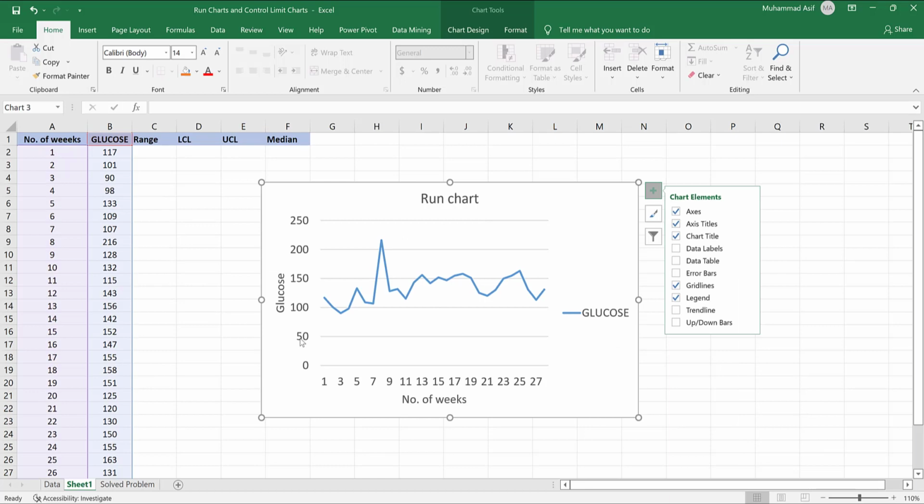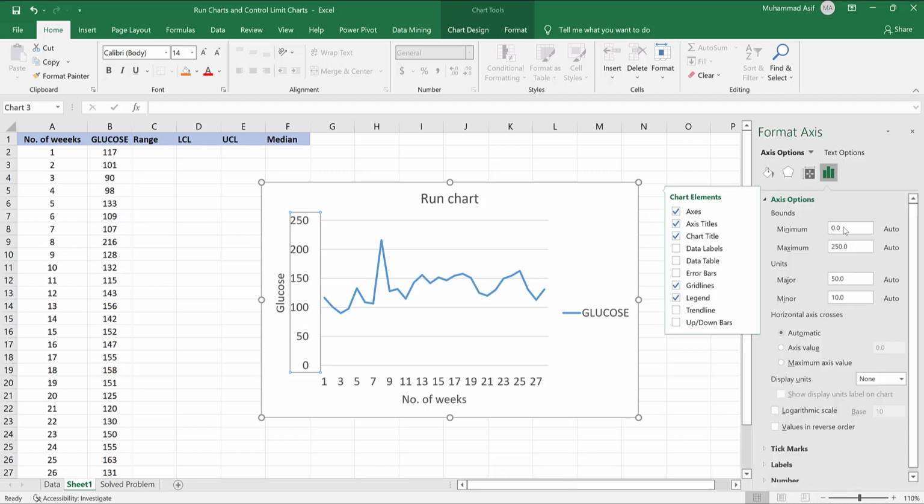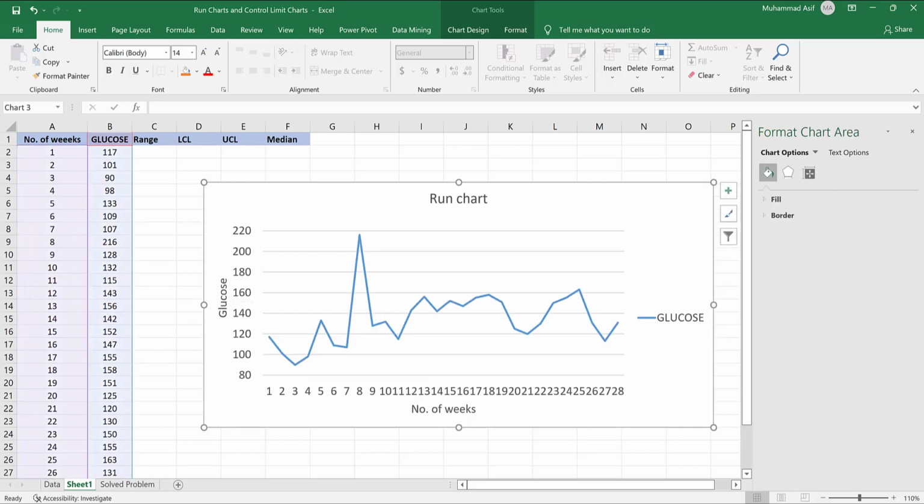We can also trim the Y axis to eliminate these blank spaces, and for this purpose I will click on format axis, where the minimum value we can set to 30 and the maximum value we can set to 230. After trimming the y-axis we get this one, and this is our run chart.